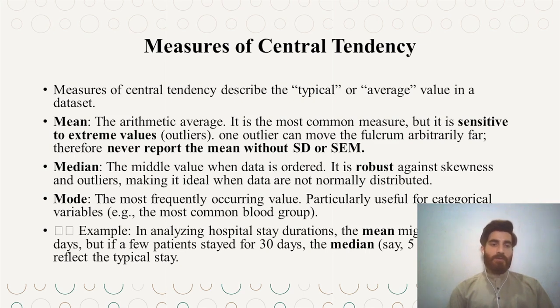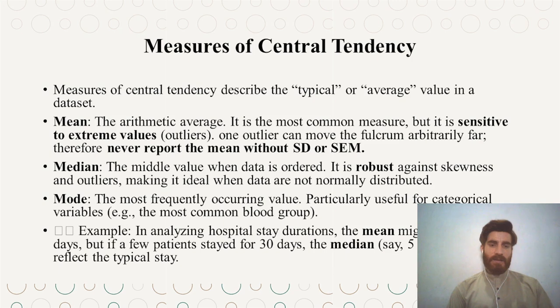So we can use the mean in normally distributed data, and median and mode for those data which are not normally distributed, but the mode is frequently used for categorical data like nominal data, and median is most usually used for categorical data like ordinal data.